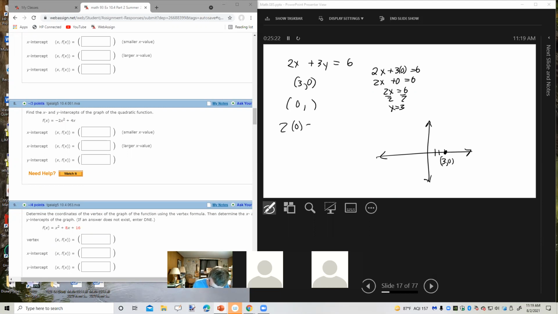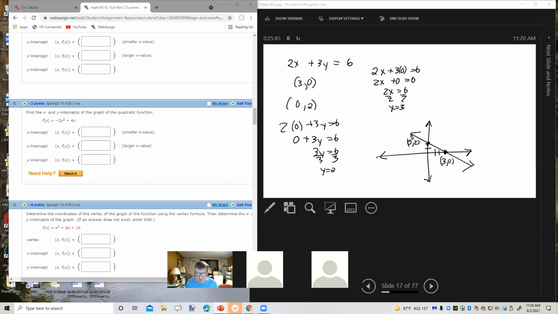So 2 times 0 plus 3y equals 6. 0 plus 3y equals 6. 3y equals 6. Divide by 3, y equals 2. So 0, 2 was the y-intercept.